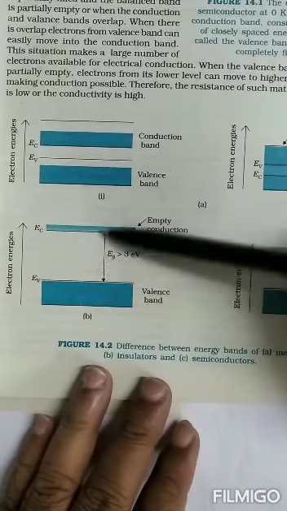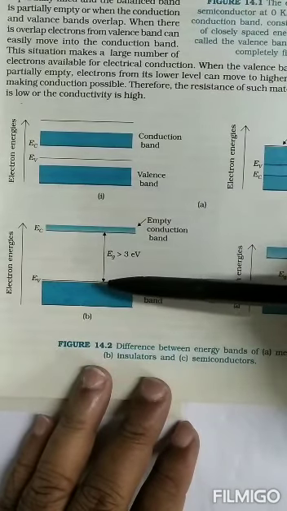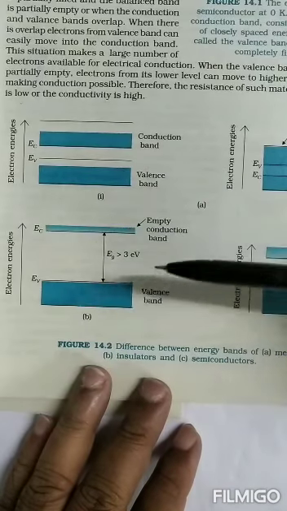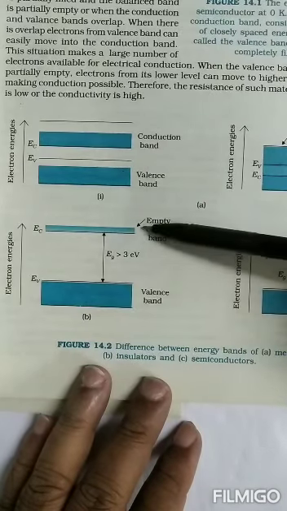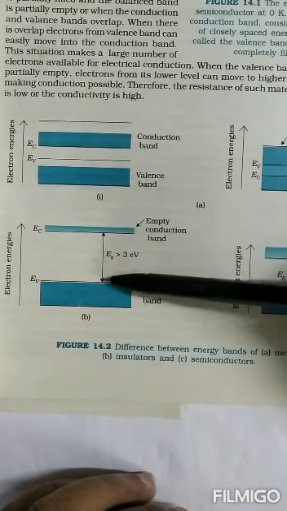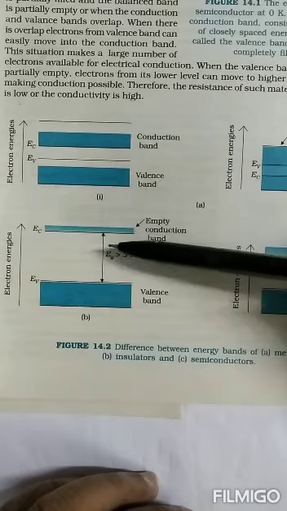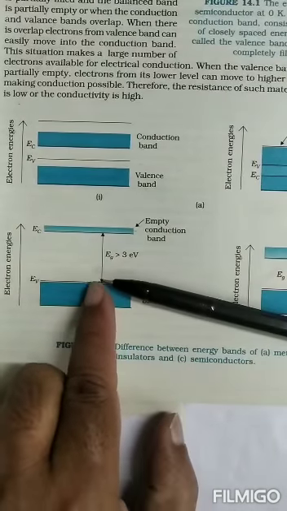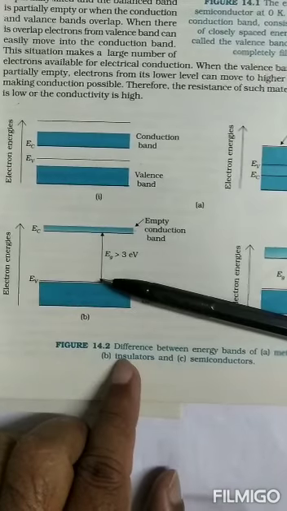There is another category called the insulator. In an insulator, what happens? This gap is practically very large. The conduction band is completely empty, the valence band is completely filled up, and this gap has a very large value. According to your NCERT book, this gap is more than 3 electron volt.